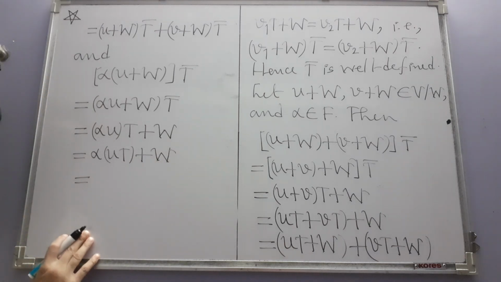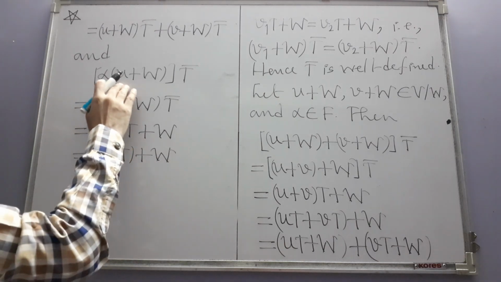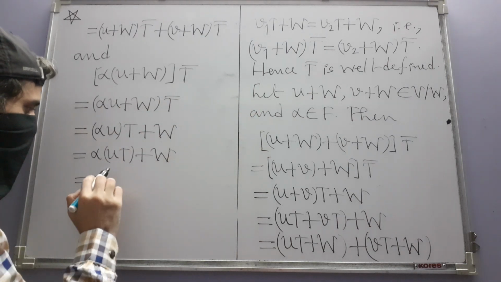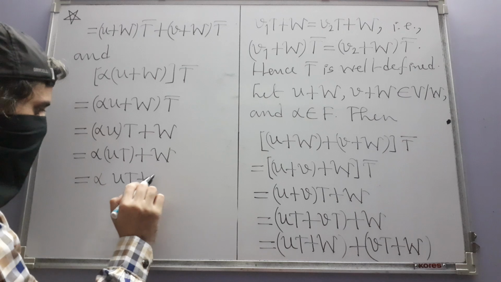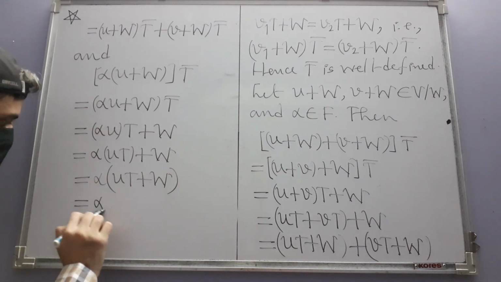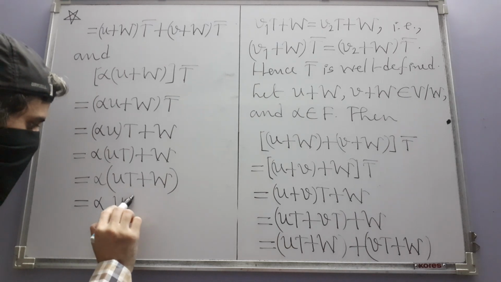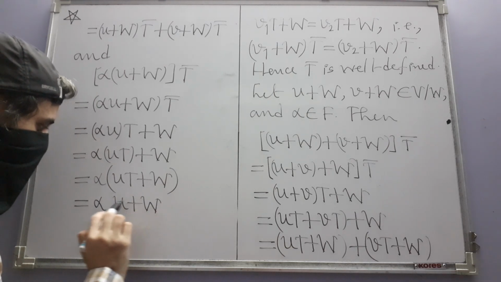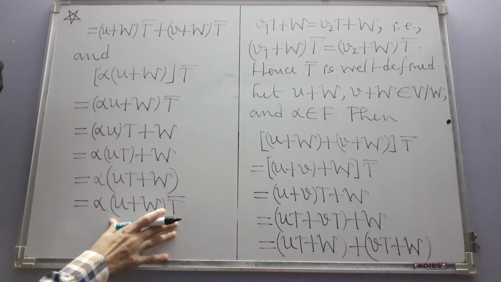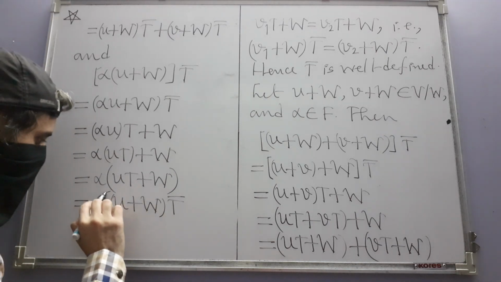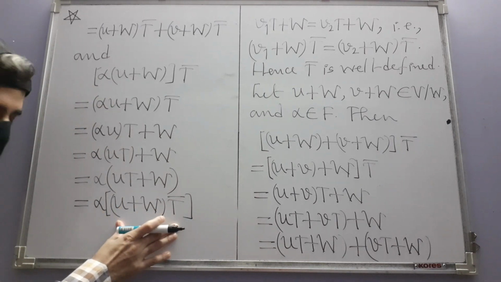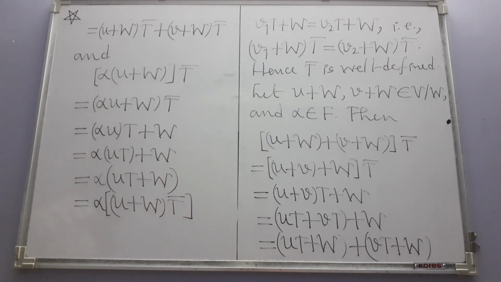Then in the next step, you again use the definition of scalar multiplication in the quotient space. That gives you alpha times (uT plus w), and this thing is nothing but (u plus w)T bar. If it still looks somewhat confusing, in order to emphasize the fact that alpha is outside of this process, you can use further brackets.